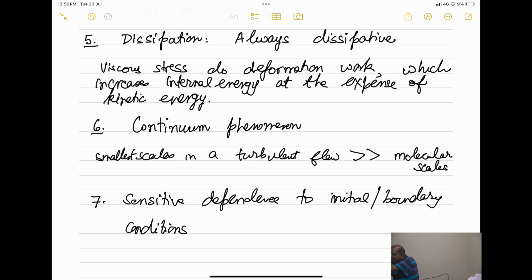So boundary condition need not only be geometry. At that geometry, what is the velocity? Of course, if it is a solid boundary, velocity has to be 0. But in the inlet and outflow conditions, that could change. Okay, I think I'll stop here, and we'll continue from this in the next class.